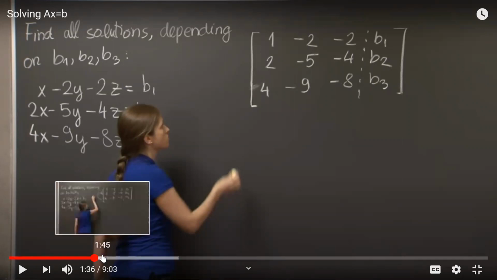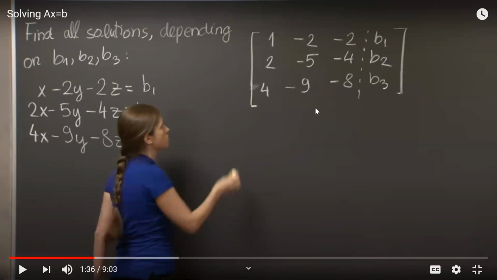And we move forward and now we will reduce it. We will use Gaussian elimination to convert this coefficient matrix, which is 1, minus 2, minus 2, on the second line 2, minus 5, minus 4, then 4, minus 9, minus 8.